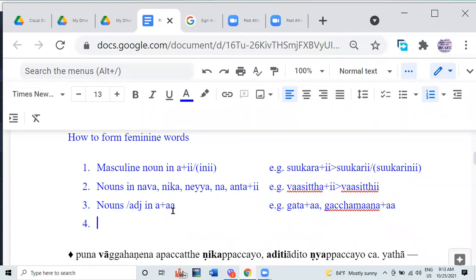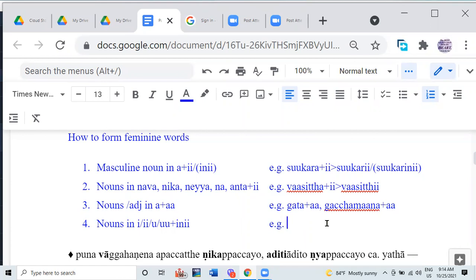And after nouns ending in i, ī, u and ū, we use only the inī suffix. So it is very important to know.